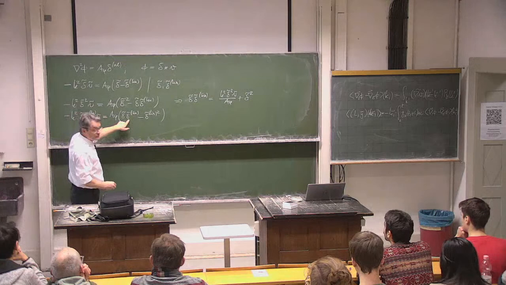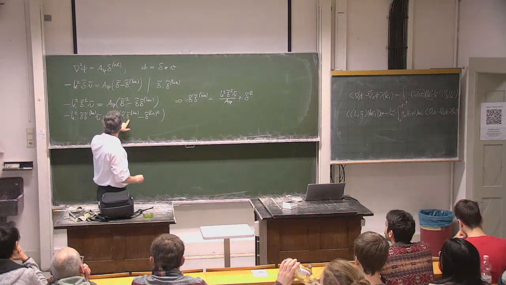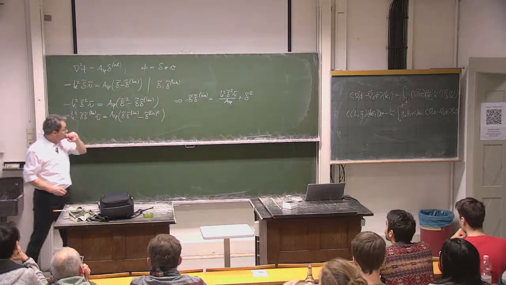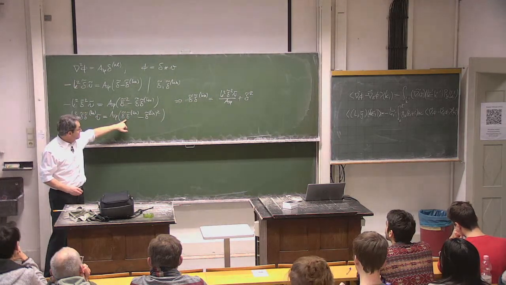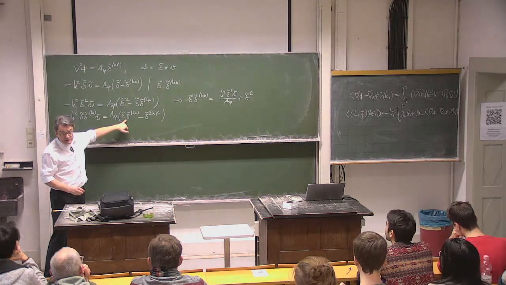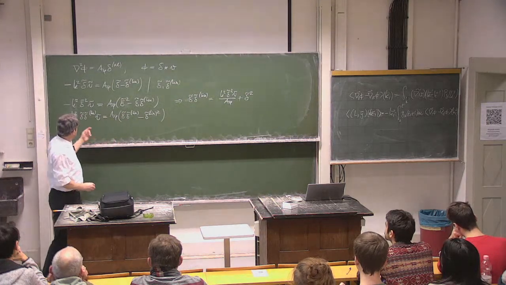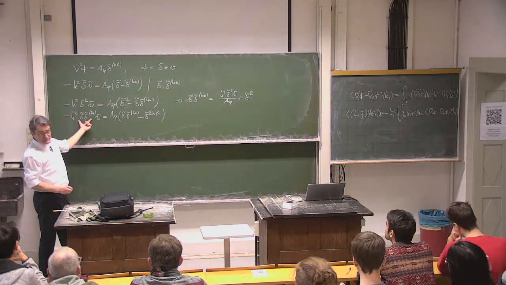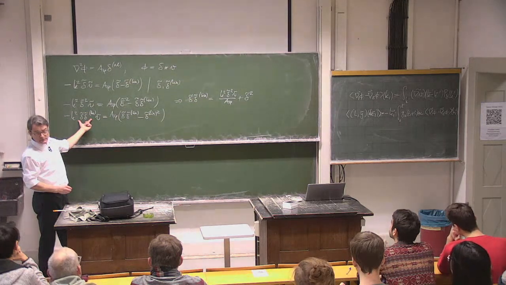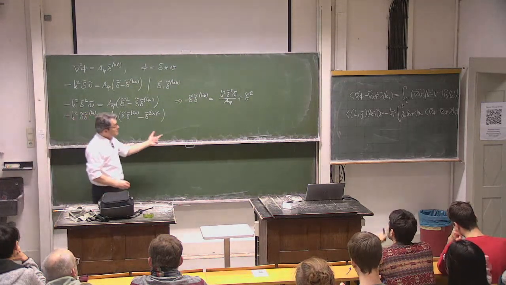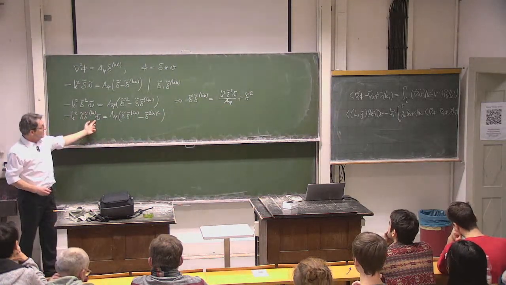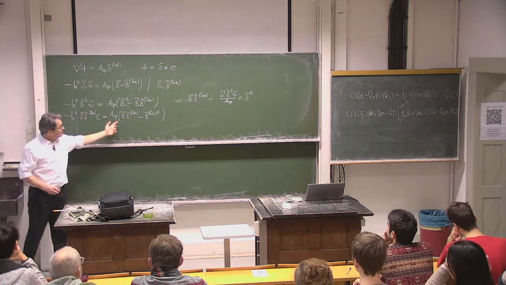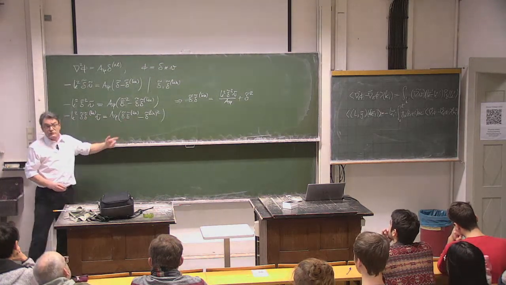Now I can insert this into here and eliminate that. This will give me a quadratic equation in V tilde. Because here I will have to replace the delta tilde times delta tilde linear by this expression, which will give me a term quadratic in V. Here will be a linear term in V. So it's a mixed quadratic equation.